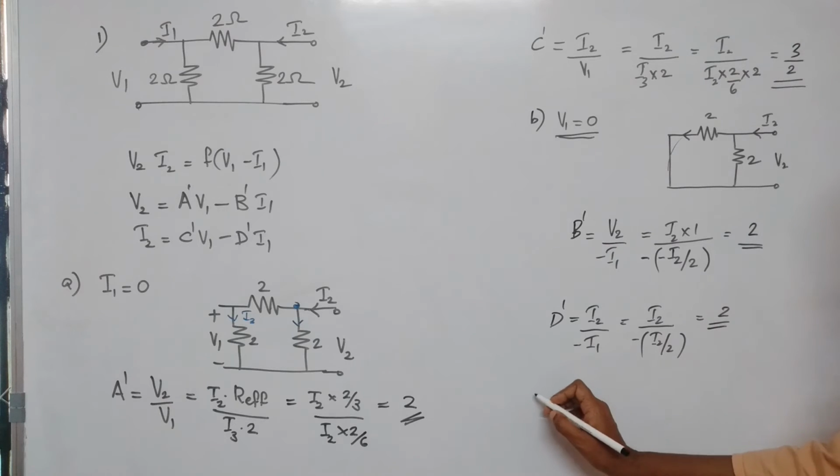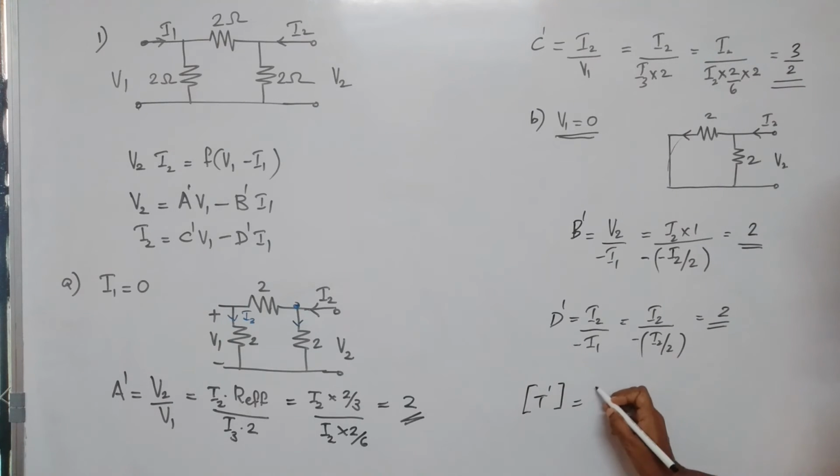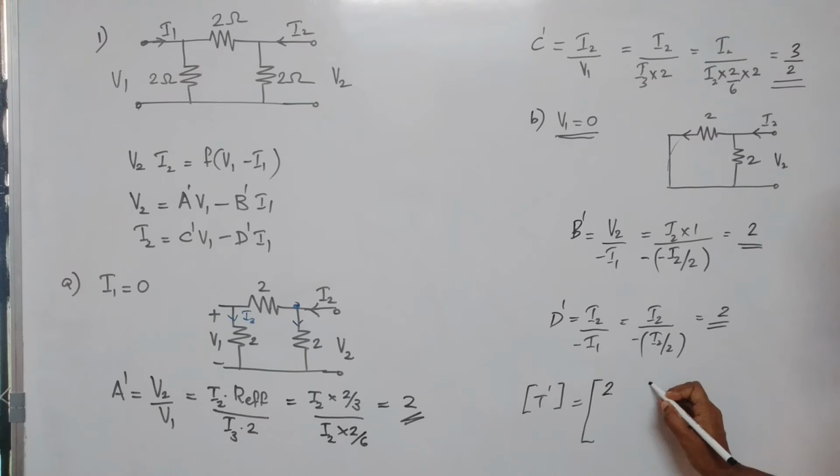Thus, the T dash parameters are A dash is 2, B dash is 2, C dash is 3 by 2, and D dash is 2. So this is the final answer.